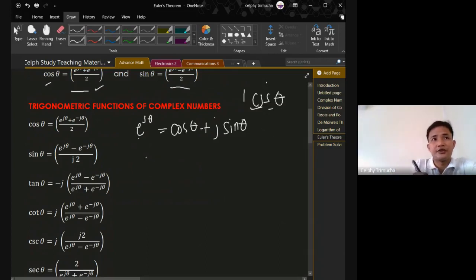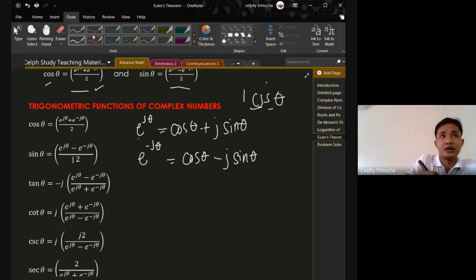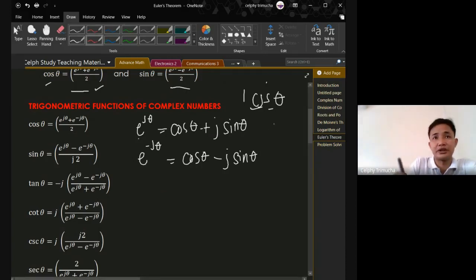So for example, if we have e raised to negative j theta, the only thing that changes is the sign of j, so this will be equal to cosine theta minus j sine theta. For example, this will be our equation 1 and this one our equation 2.